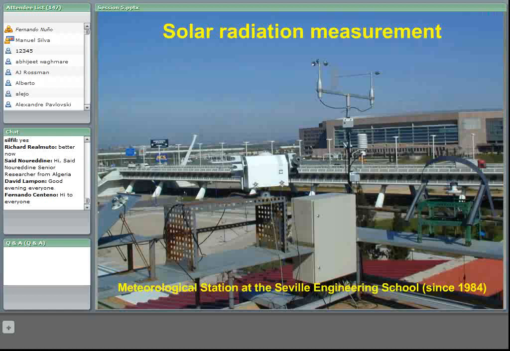Since then this meteo station has been located at the labs building of the Civil Engineering School.